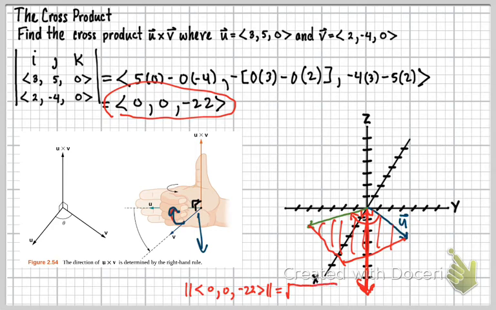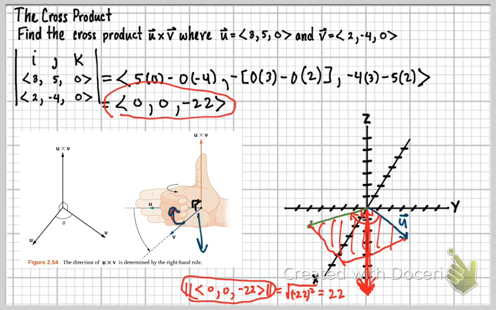So really, I would have negative 22 squared, which is a positive 22 squared, which equals 22. We already knew this magnitude was 22, but sometimes seeing it using what we're used to doing makes it a little nicer. So the area of the parallelogram that those two vectors create would be 22 units squared.